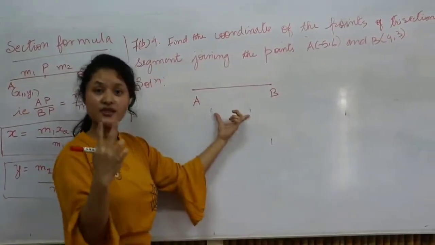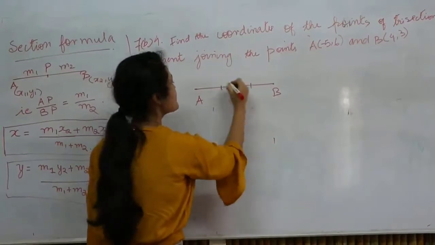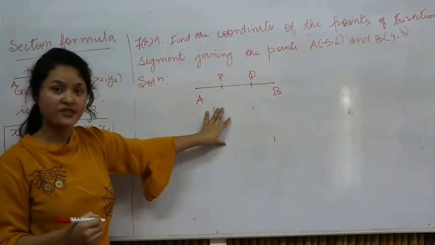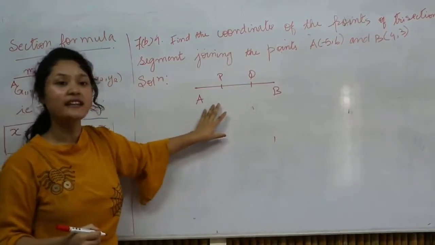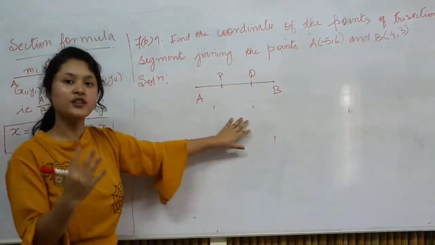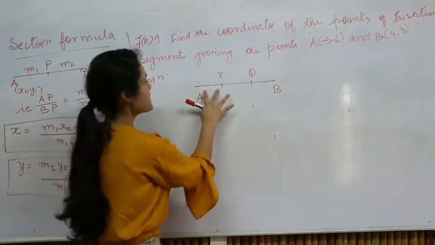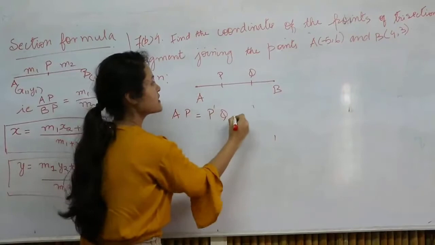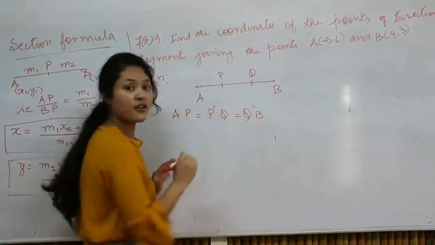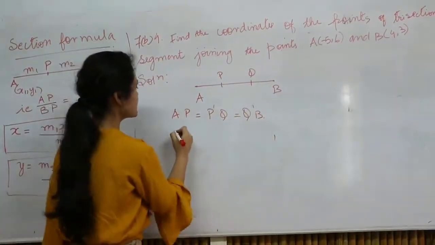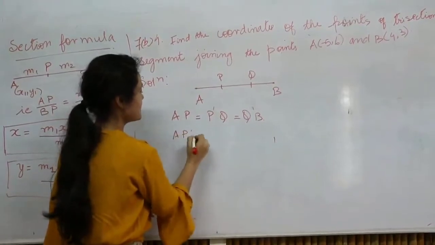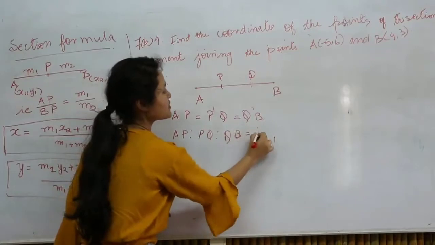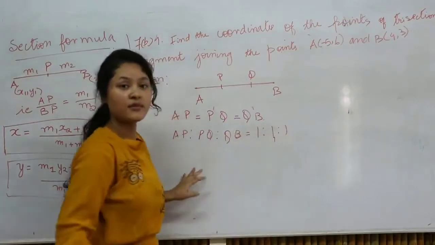To trisect this one, we need 2 points, say P and Q. These points of trisection P and Q divide AB into 3 equal parts. That means AP is equal to PQ is equal to QB. So their ratio AP is to PQ is to QB is 1 is to 1 is to 1 because they are equal.